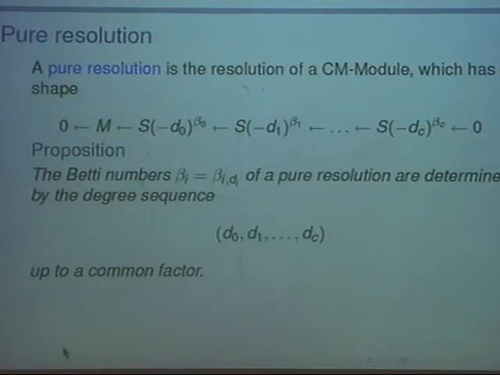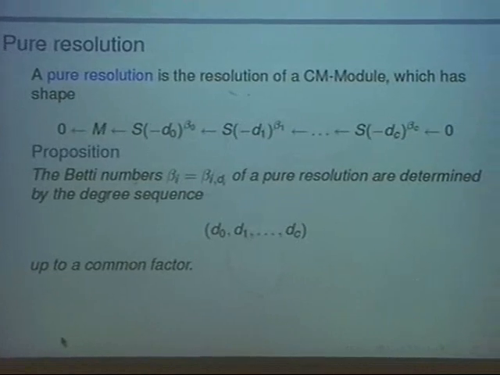If we have a pure resolution, which means that we only have 1 degree in each step, then the bounds left and right are sharp. And the degrees which we have, the twists which we have, determine the beta_i, beta_i,d_i, completely up to a common factor.